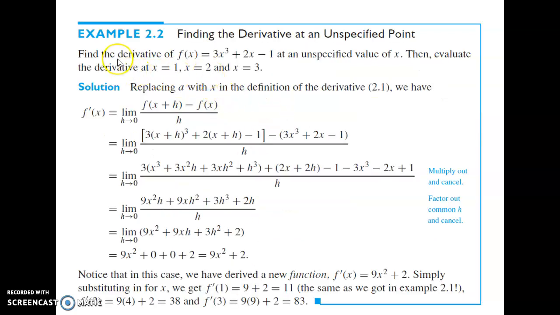Now I find the derivative of the same function at an unspecified value of x. There we found it at x equal to 1. Now I will first find the derivative at an unspecified x, that means not given, and then evaluate the derivative at these 3 points. Here I replace a with x in the earlier formula.